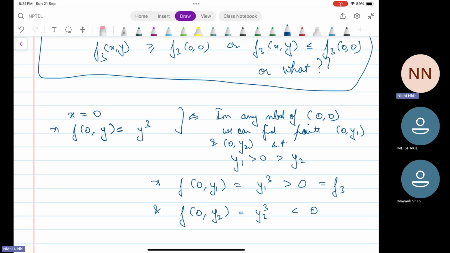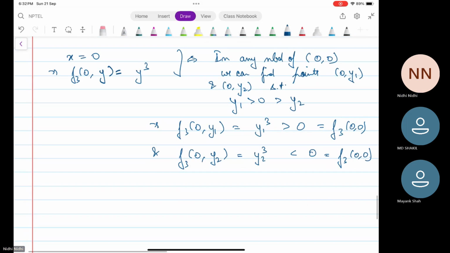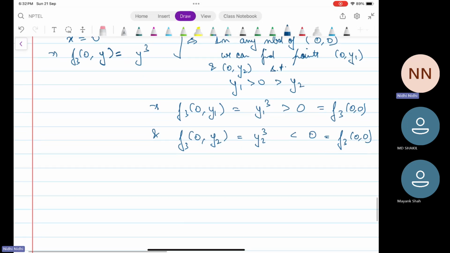This is f3 at 0, 0. Therefore, in any neighborhood, we are able to find two distinct points where the values are greater than as well as less than f3 at 0, 0. So by the previous problem, we get that this point is a saddle point.